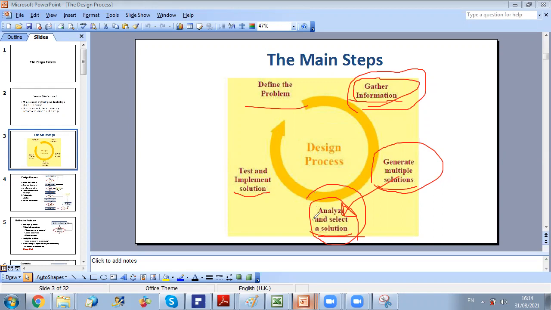Now, once this is done, we go to testing and implementing the solution. The final phase of the design process will be implementation, and it can be done by testing your solution. You can do it by testing, constructing. Let's say you come up with a design. You should manufacture this design, and you should come up with your final product.